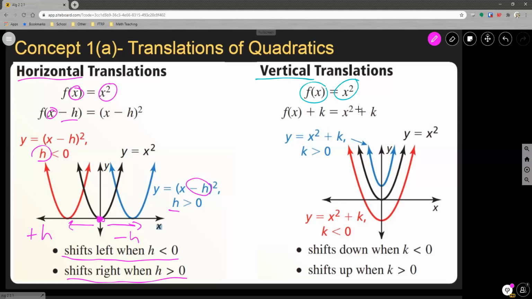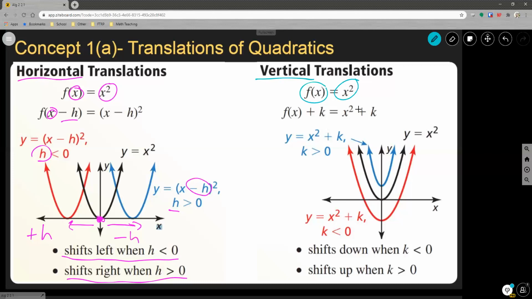This works exactly the same way that we saw with the absolute value functions. And this actually applies to any functions that we're transforming. So when we get the hang of this, we'll be able to apply that to any types of functions we see in the future, whether they are logarithmic functions, exponential functions, square root functions, polynomials, etc.